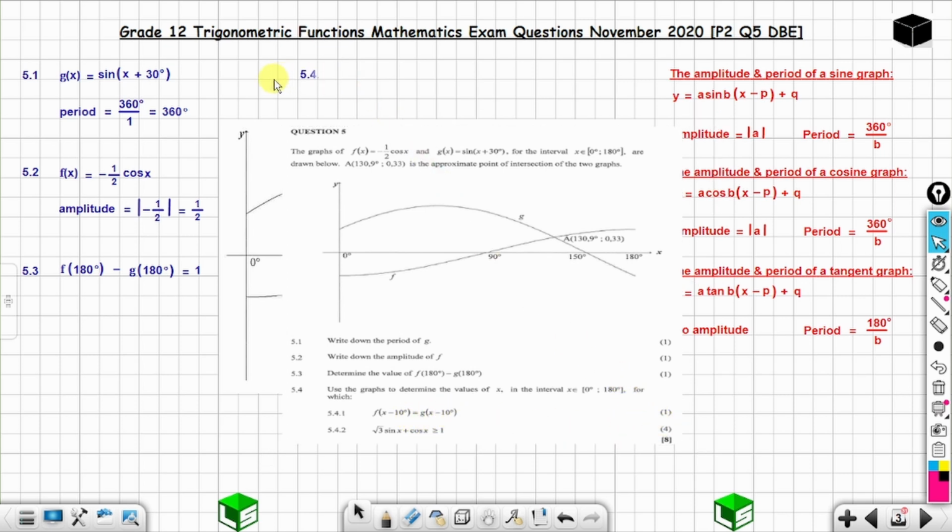Determine the values of x when f of x minus 10 is equal to g of x minus 10.